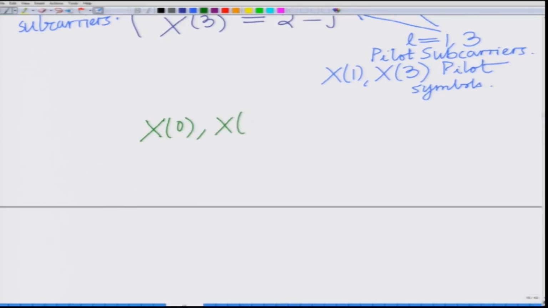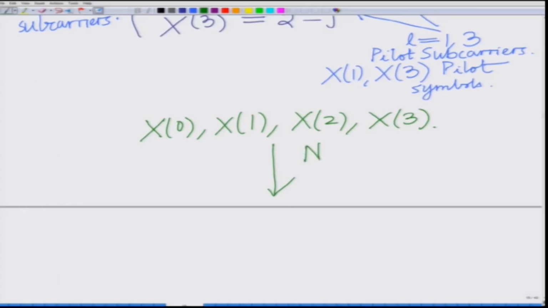symbols X0, X1, X2, X3. Now, what we are going to do is similar to what we have done before, these are the symbols loaded onto the subcarriers. So, we are going to take the N equal to 4 point IFFT, inverse fast Fourier transform, to generate the time domain samples, the small x0, small x1, small x2, small x3. Okay.